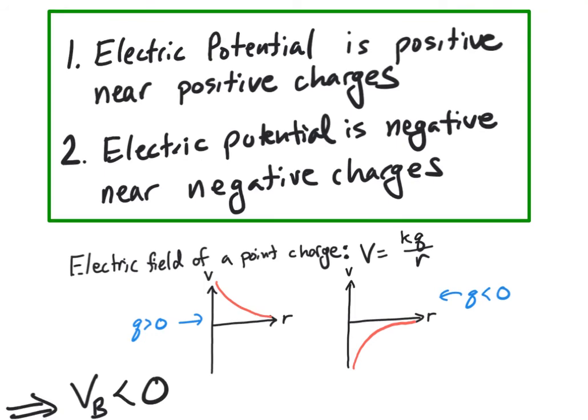I just realized I forgot to talk about the units of electric potential. So let's just do that now. So we know that the electric potential is equal to electric potential energy divided by charge. Well, that means that the units of the electric potential are the units of potential energy, which are joules, divided by the units of charge, which are coulombs.